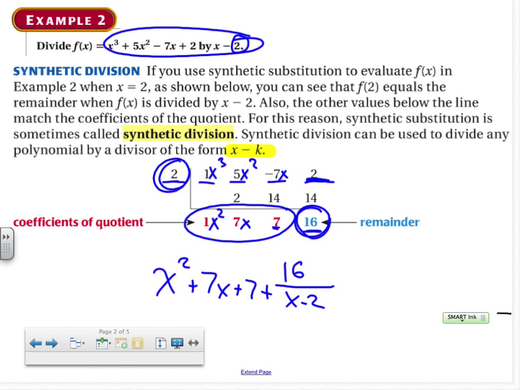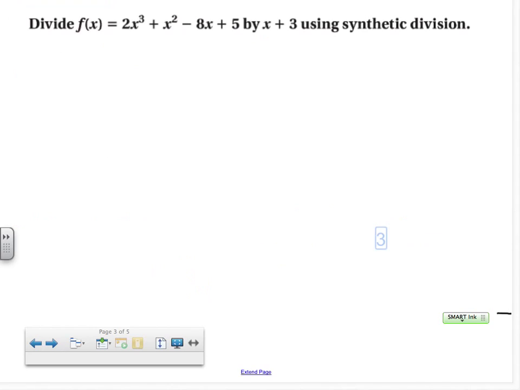So let's try this. Let's do these synthetically now. Divide 2x cubed plus x squared minus 8x plus 5 by x plus 3 using synthetic division. Now, I thought I just got done saying you got to do x minus a number on the division. Well, we can do x plus as long as you think of it as x minus a negative.